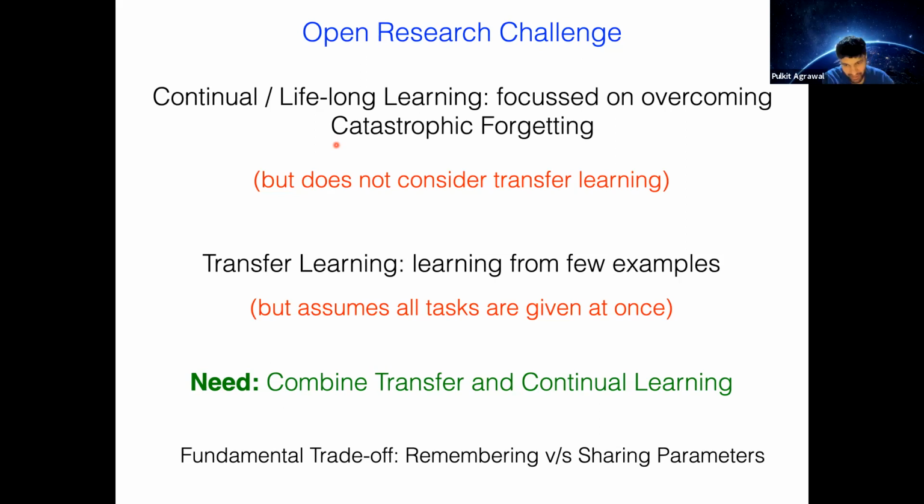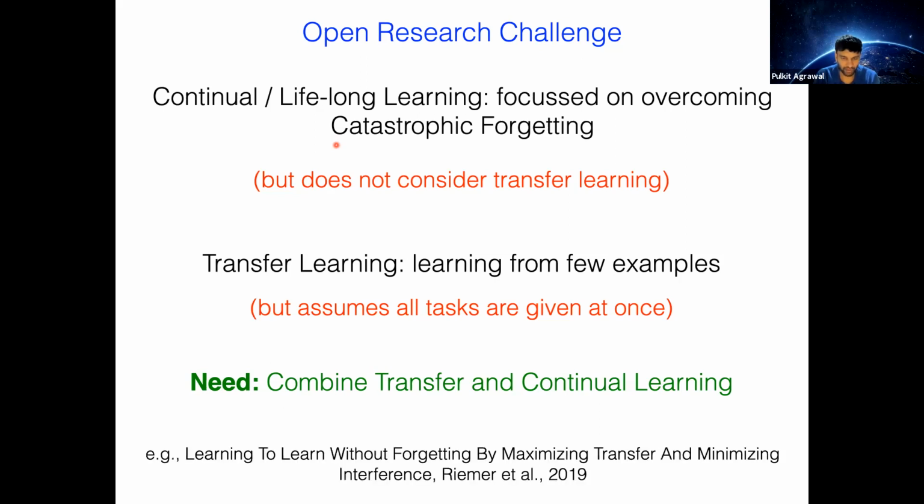But if I don't change the parameters, I may not be able to transfer my knowledge, right? So there is this tension between remembering old things versus sharing knowledge to perform new things, right? And if you want to look at one reference on this, I would point you to this paper, Learning to Learn Without Forgetting. I think it's a good paper which describes this problem.